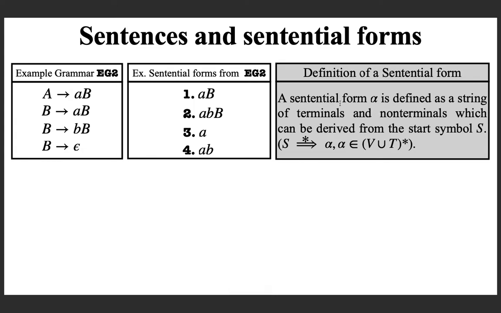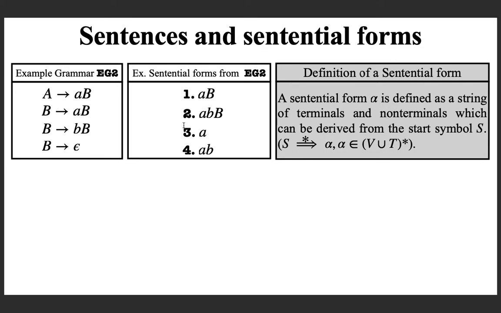Formally, a sentential form alpha is defined as a string of terminals and non-terminals which can be derived from the start symbol capital S of the given grammar. In this example, capital A is the start symbol. Alpha is an arbitrary string of variables or terminals, which can be derived from the start symbol.